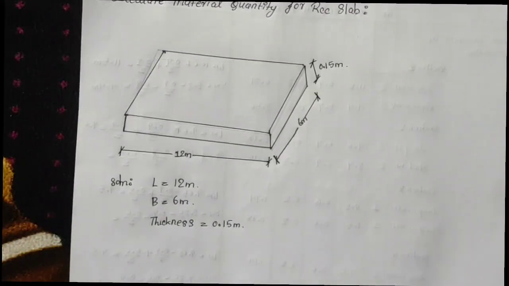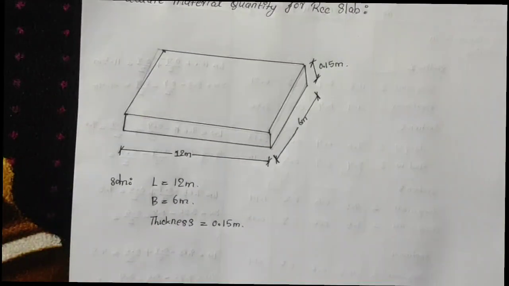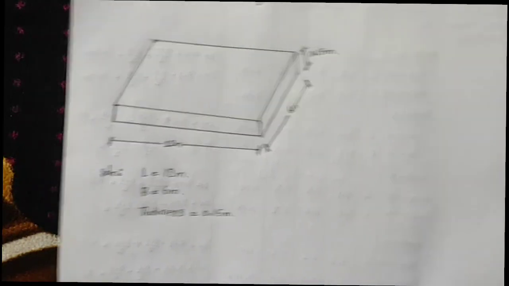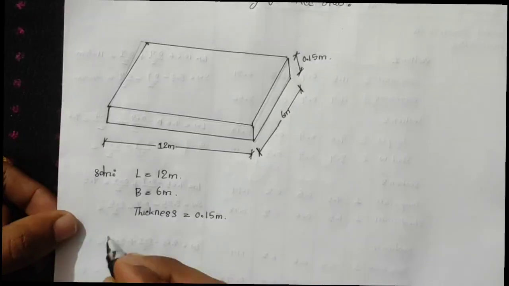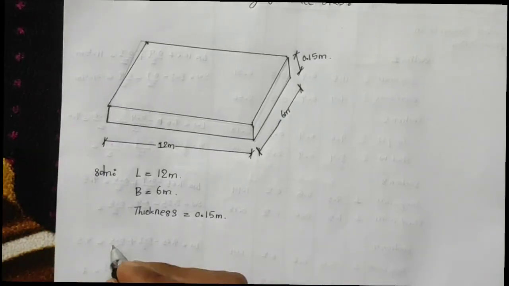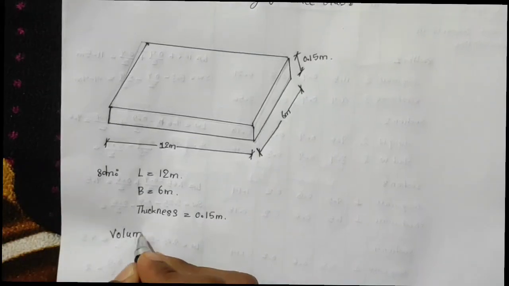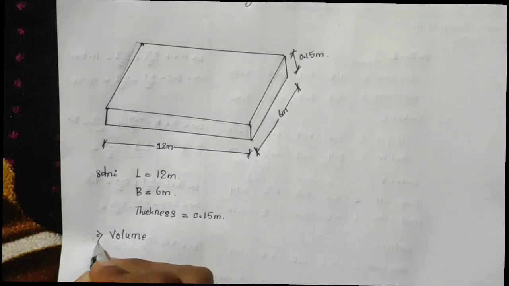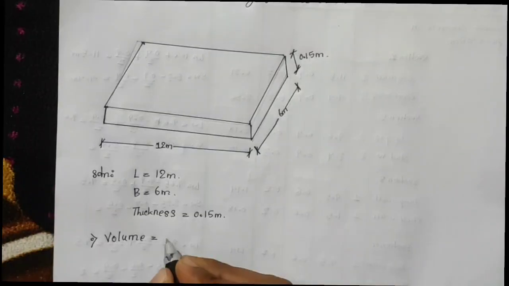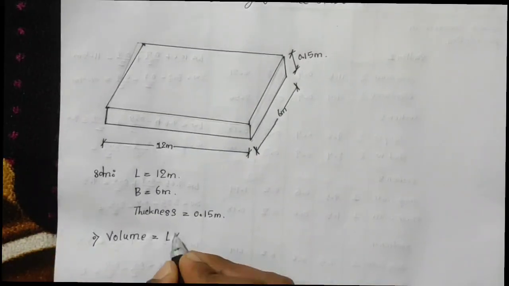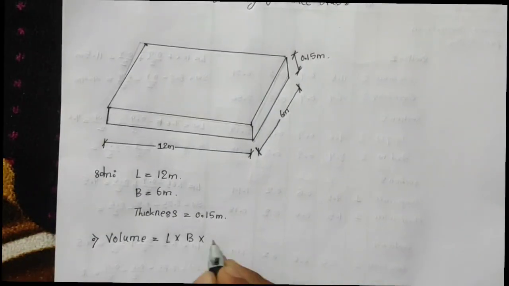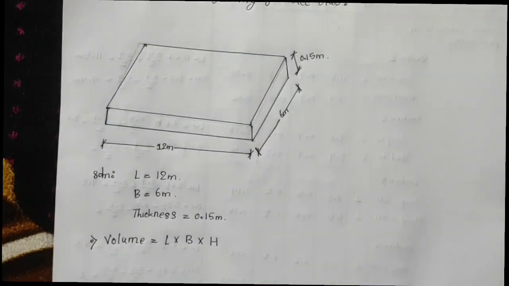Firstly, we have to calculate the volume of the slab, which is also known as wet concrete. Let's see how to calculate it. We know volume is equal to length into breadth into height or thickness.